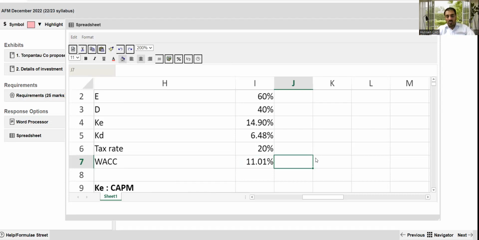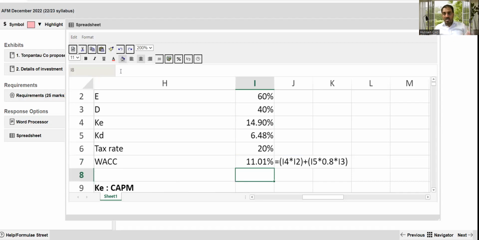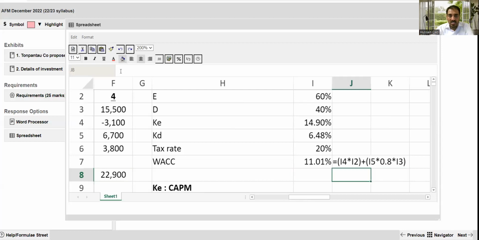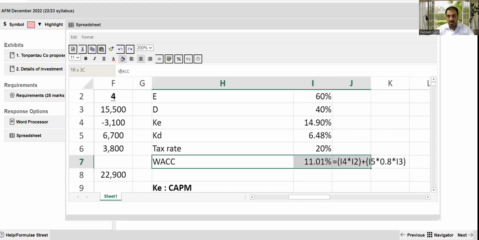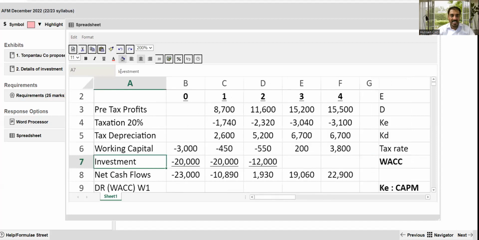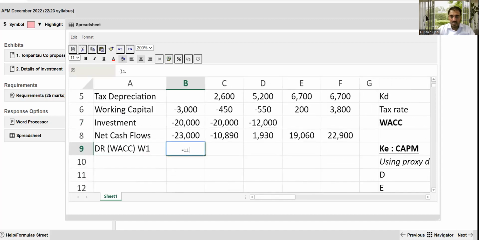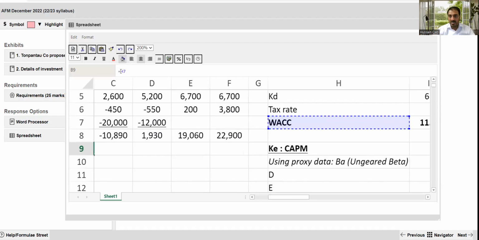The WACC is equal to 11.01%. I hope it's clear to all of you. Don't worry, I will convert this spreadsheet into an Excel sheet and it will be available for your work. So this is the point. This is the WACC, 11.01%.